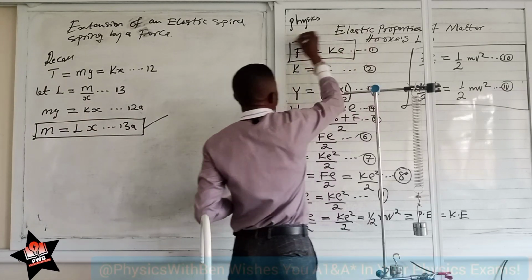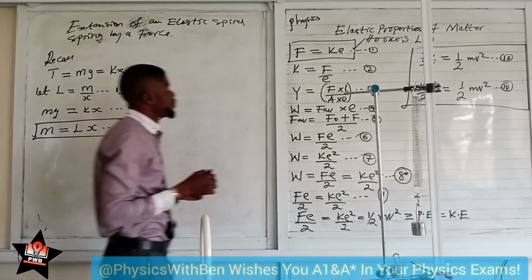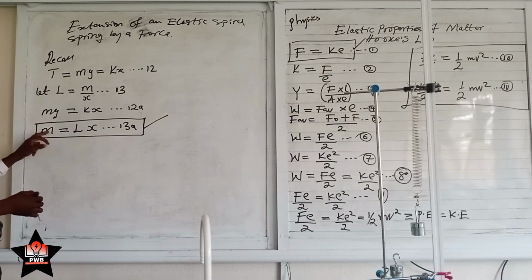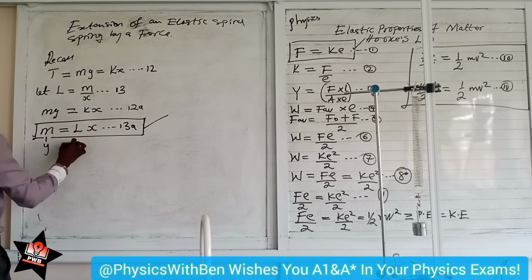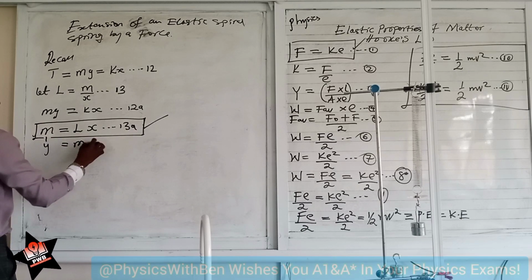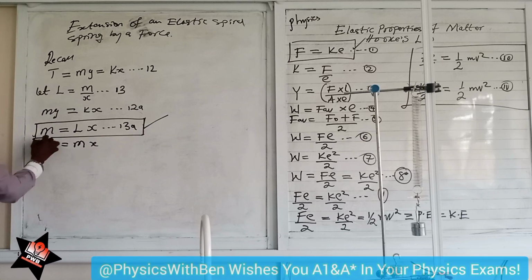Which is experiments on Hooke's law. I'm coming to that, where equation 13 looks like this: y is equal to mx, like a straight line equation.